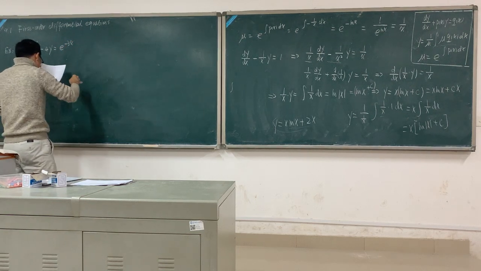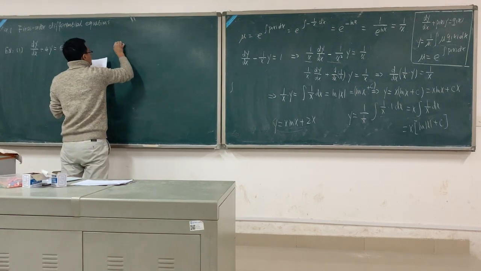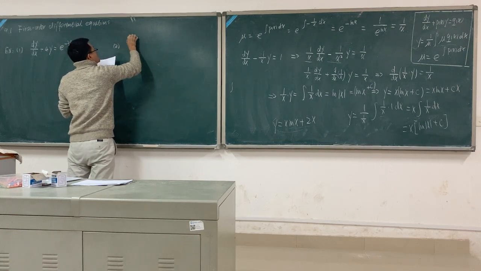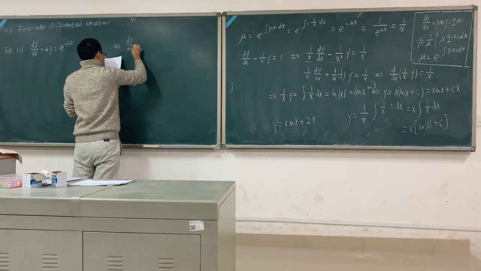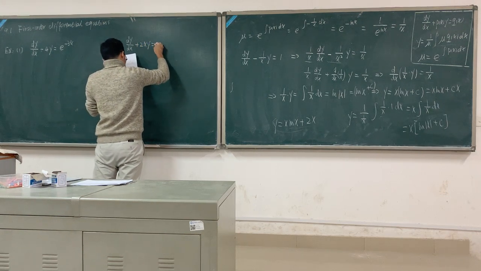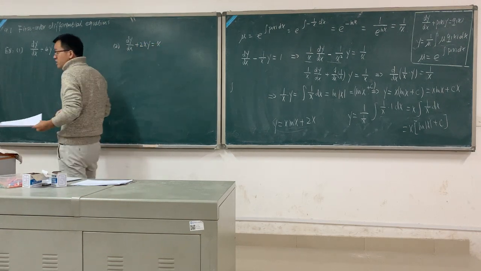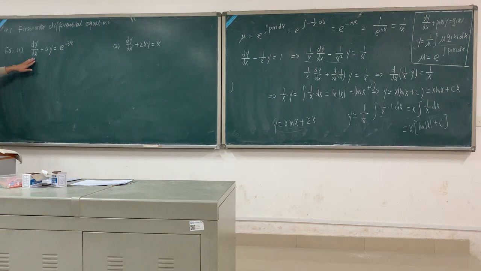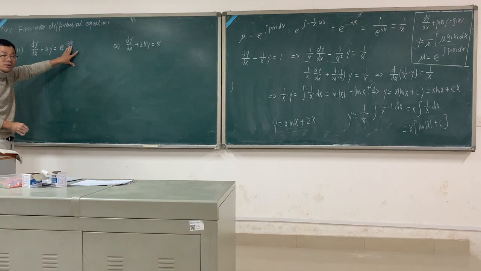The first one: dy/dx plus 4y equals e to the power minus 3x.